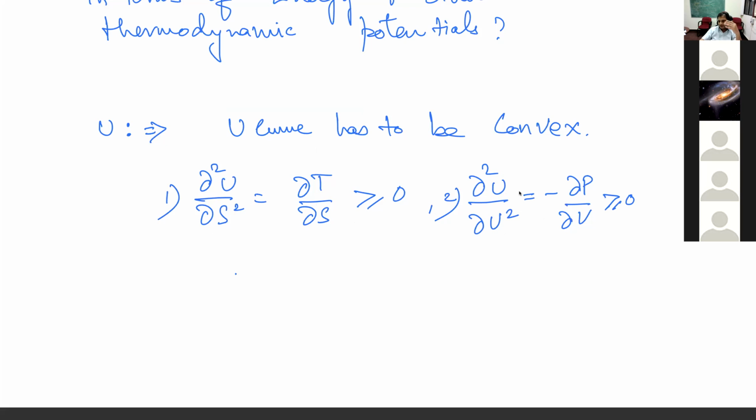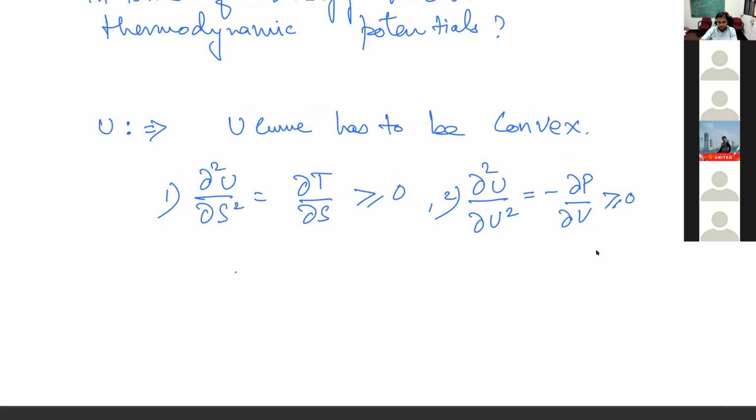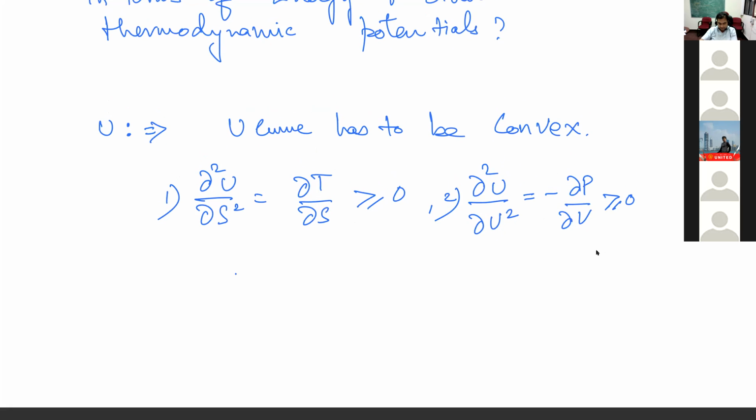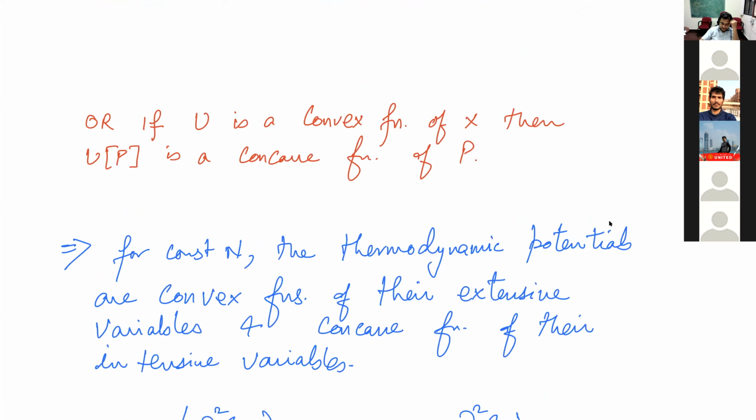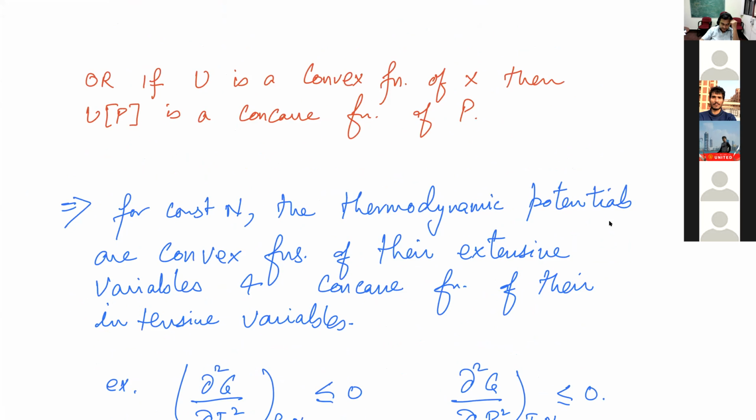Okay, and ∂U/∂V was minus P, so ∂P/∂V should be less than or equal to 0, I think. Okay, so I think the signs are correct, right? Because U has to be minimized, so yeah, the signs are correct. Yeah, I agree. Thanks. Okay. Yeah, so I was mixing between the first order and the second order derivatives.